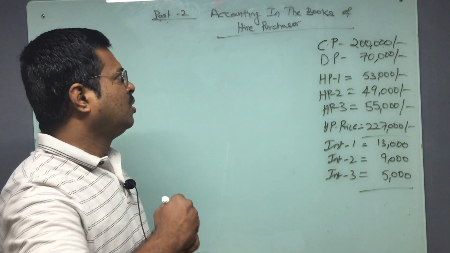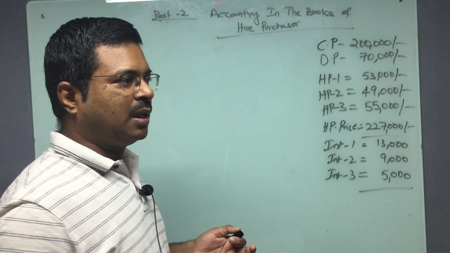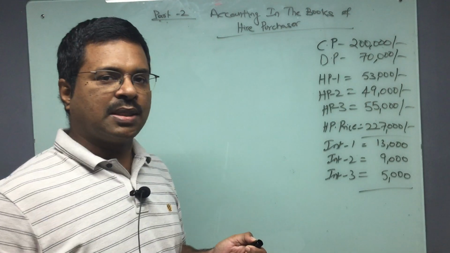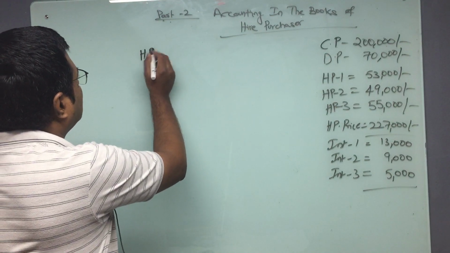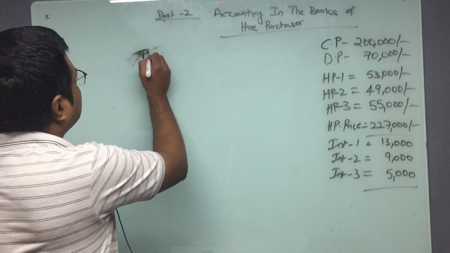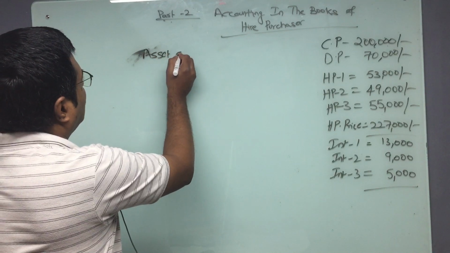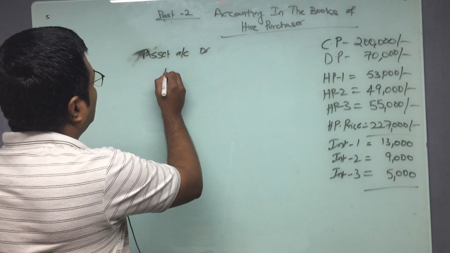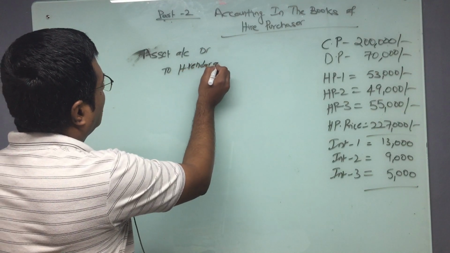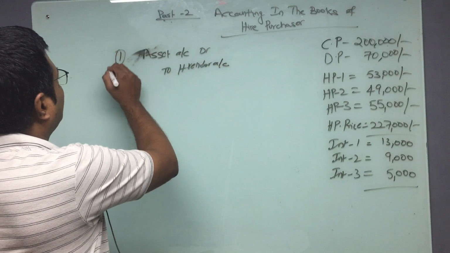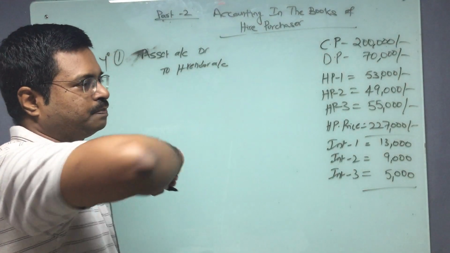It is a normal journal entry, as when we usually purchase an asset: asset account debit to hire vendor account. This is the first entry at year 0.